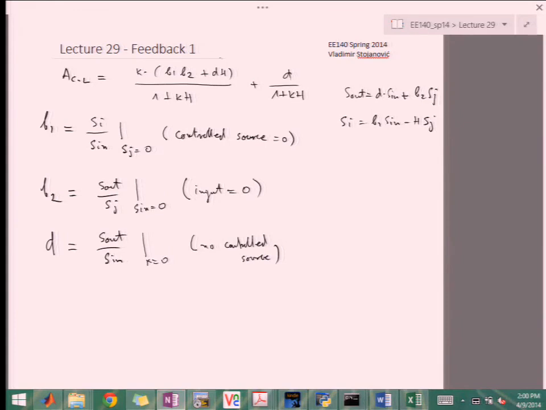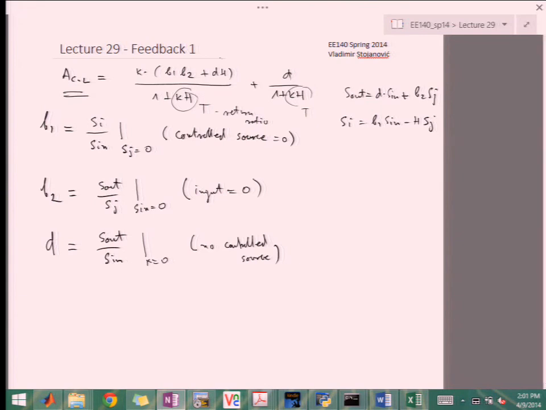Okay. So if we look at this ACL, KH, that's our T, or in this case, we're going to call this return ratio. And we're going to calculate it in a procedure that I'll show you shortly.